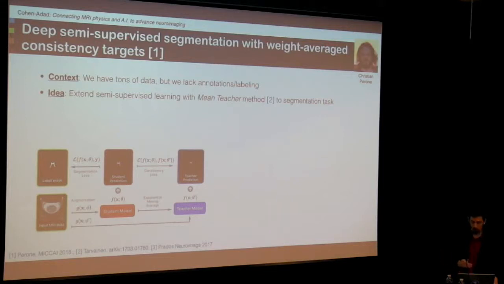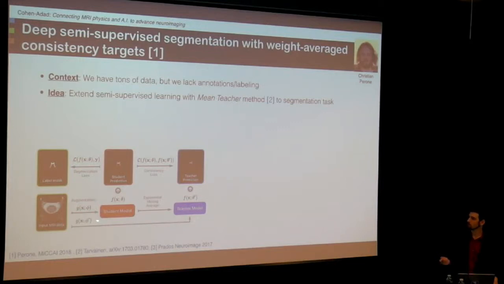So over time, the prediction of the teacher model will tend to be more accurate than the student model. And so the main trick of this paper, which originally was used for categorization task, and in this case was used for segmentation task, was to basically make sure that the unlabeled data obtain the same data augmentation transformation for the teacher and for the student model.